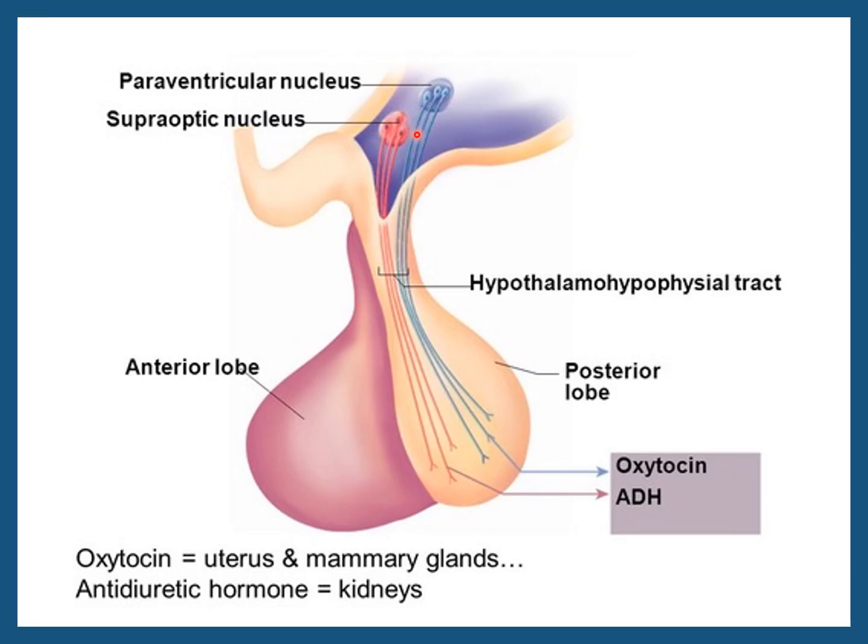That antidiuretic hormone will be produced in the supraoptic nucleus within the hypothalamus, and then that hormone will travel down the hypothalamo-hypophyseal tract into the posterior lobe, where it will be stored until it's ready to be released. And then targets of those hormones, targets of oxytocin, are going to be the uterus and the mammary glands, and antidiuretic hormone will have a target of the kidneys.